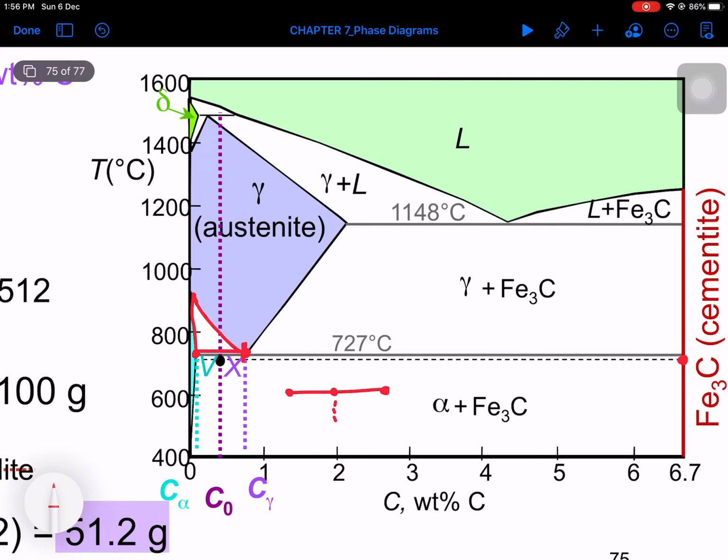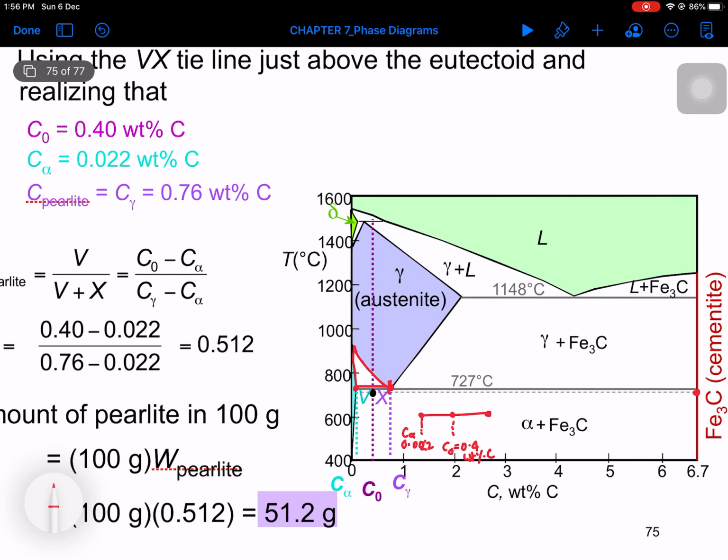Still, your C naught is 0.4 weight percent of carbon, and this point is very close to the solubility limit of 0.022 weight percent of carbon. So this is C alpha, and this is C gamma.